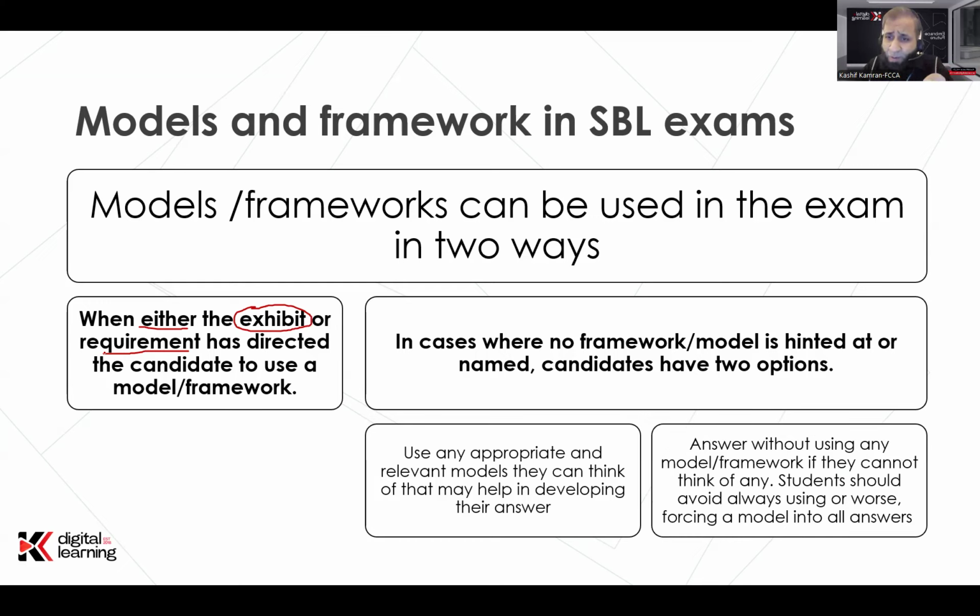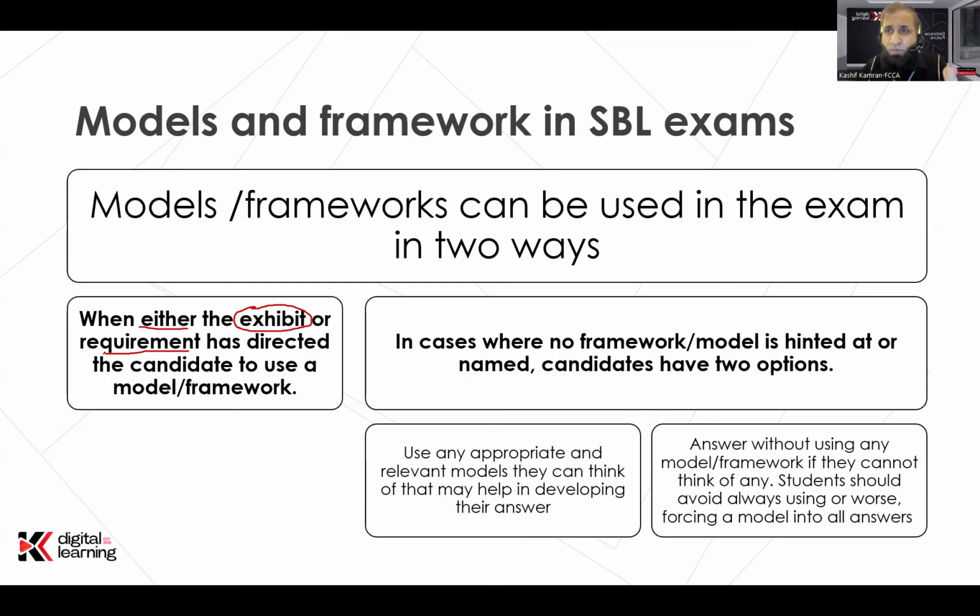Students should avoid using wrong models or frameworks. Please, that's important. Either you pick a model and you think this is a realistic model, even though no hint of a model is given in the scenario, go and use it. But please remember, using a wrong model is the worst case scenario, avoid that.